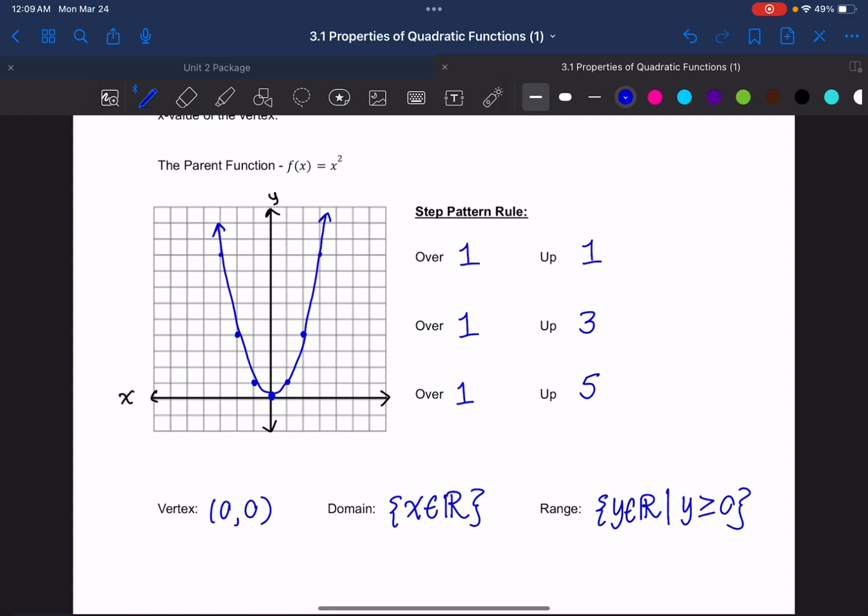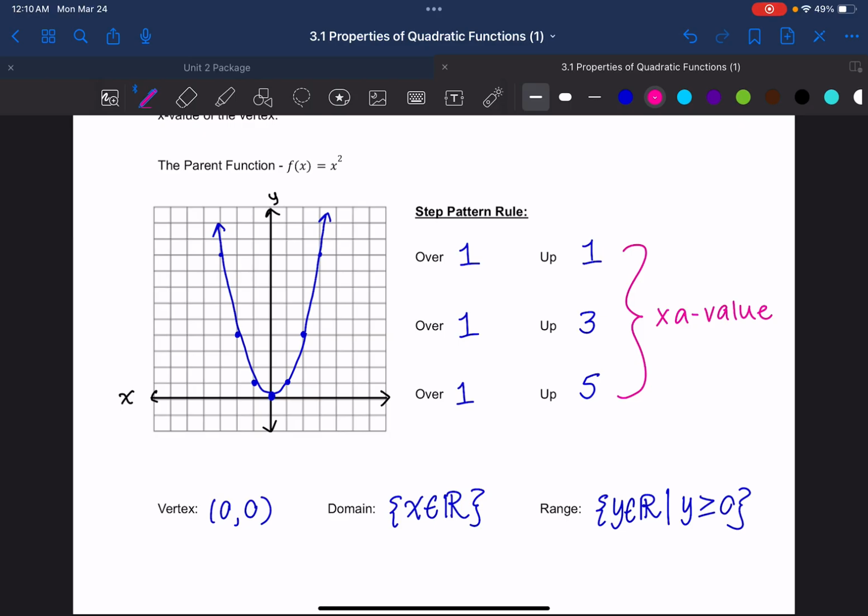You can apply the step pattern rule to any parabola, and you're going to see that if you have a coefficient in front of your leading term, or your a value, whatever your a value may be, you're just going to times these values by a. So in this case, because our a value is 1, I didn't have to times it by anything. It's just the standard rule.